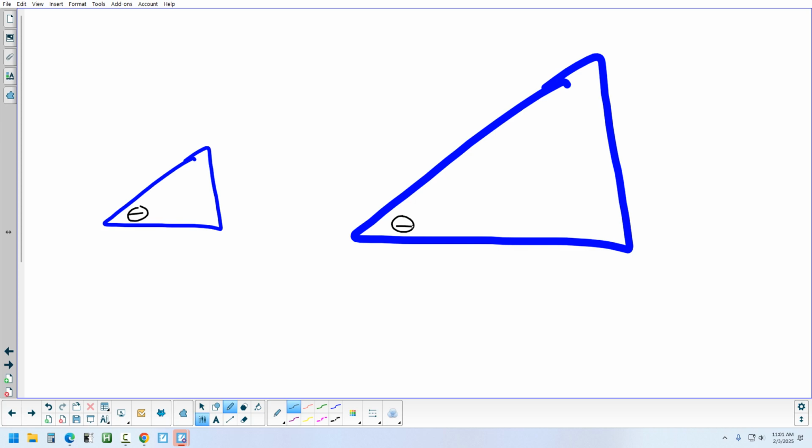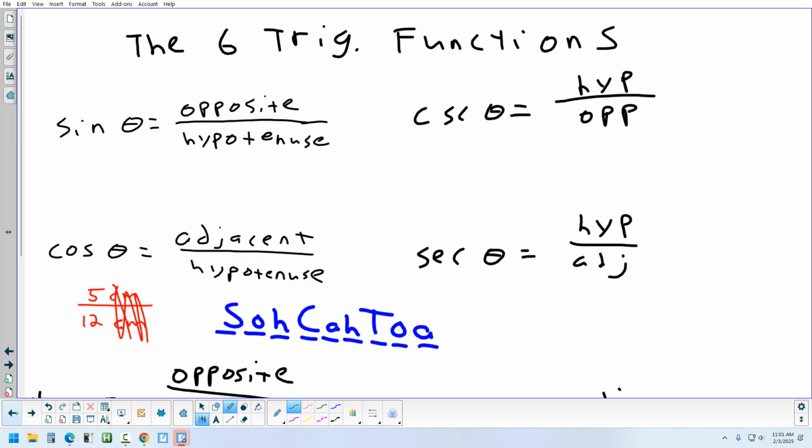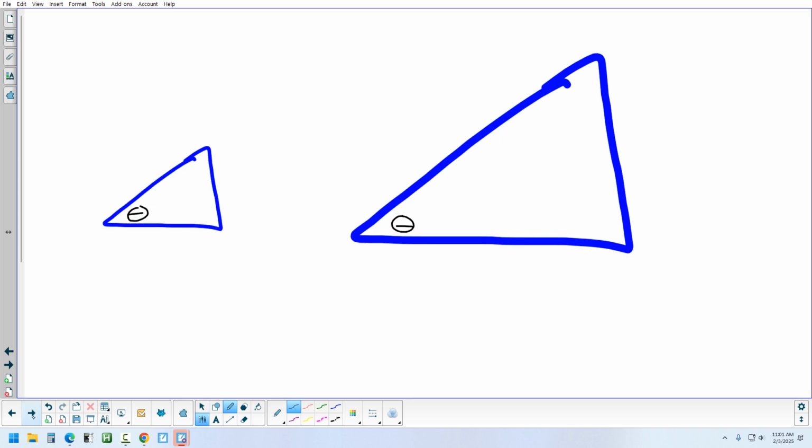The question I want to figure out is, does the size of the triangle matter? Remember, all the trig functions are lengths of sides divided. The one on the right definitely has bigger sides than the one on the left. But how will the ratio of the sides compare?